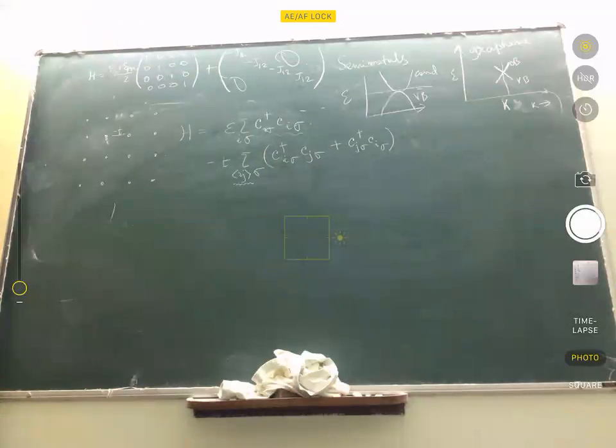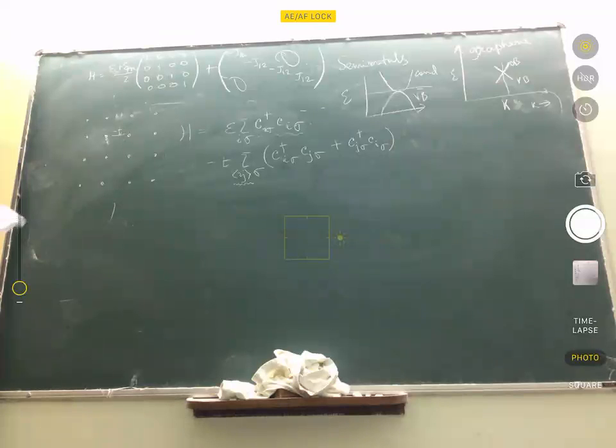And you can actually start from this model and do a Fourier transform to k space and get exactly the same dispersion relation that we derived from the more microscopic atomic picture earlier. So let's stick to this for the moment.